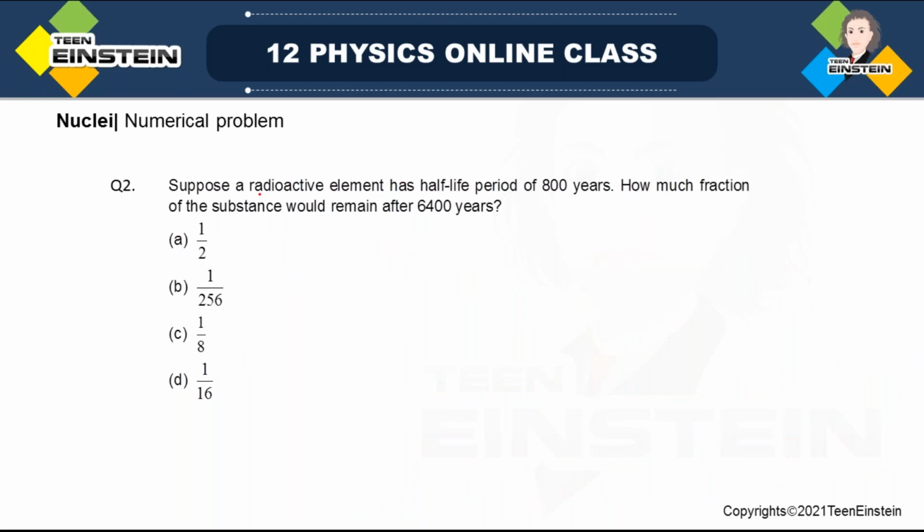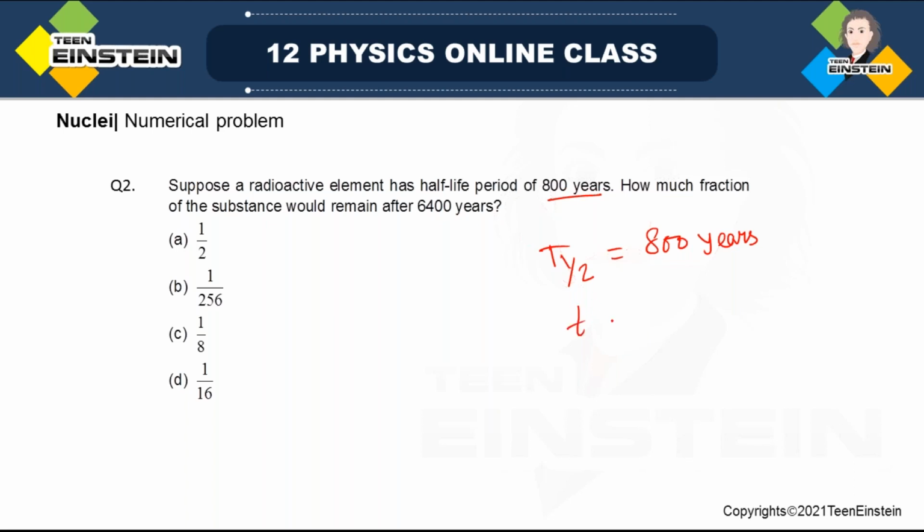The next question says, suppose a radioactive element has a half-life period of 800 years. That means what is given is T half, that is 800 years. How much fraction of the substance would remain after 6400 years?